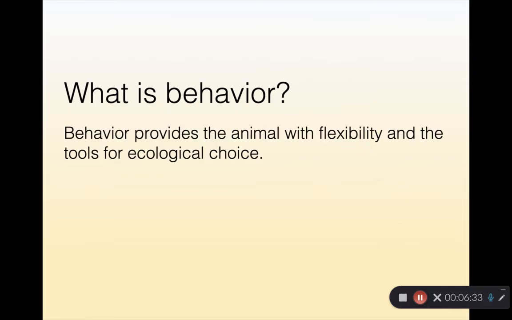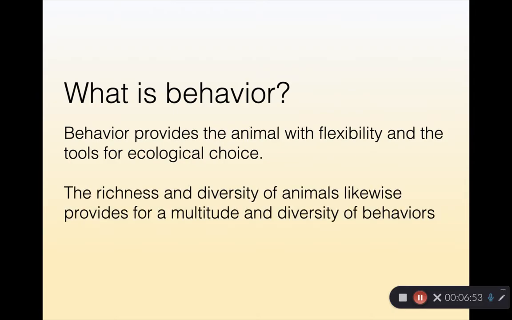Within behavior, it's important to think of behavior as providing an animal with flexibility and the tools for ecological choice, so its ability to influence its interactions with the environment.